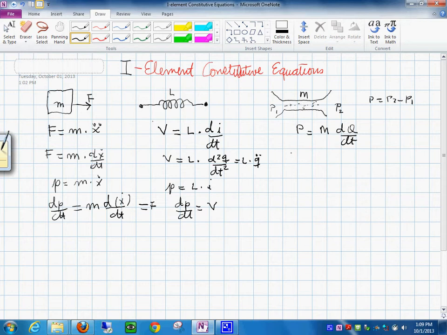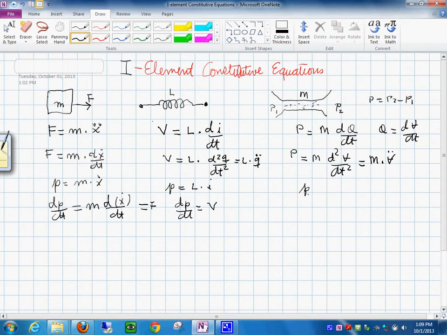And then in here the pressure is going to be big M, but Q is the volume derivative dV dt. So in this case you will have d square of the volume dt square, which is the same thing as M times V double dot, which has the same form.